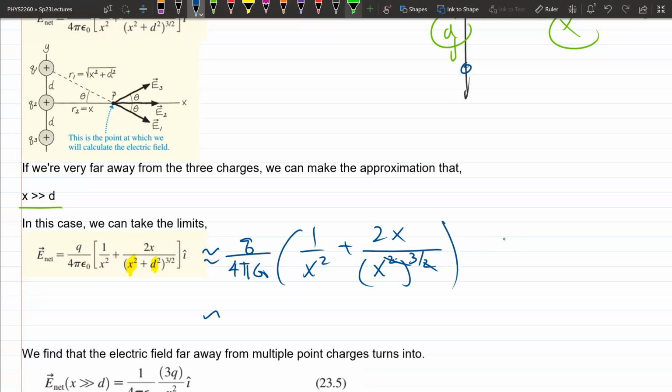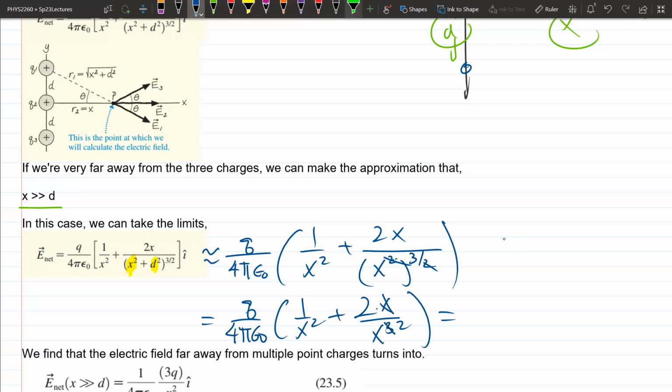Then I'll rewrite this again. This is actually an equal sign now, 4 pi epsilon naught. Sorry for the bad epsilon, I'm trying to be lazy. So 1 over x squared on top, you have 2x divided by x to the 3rd.